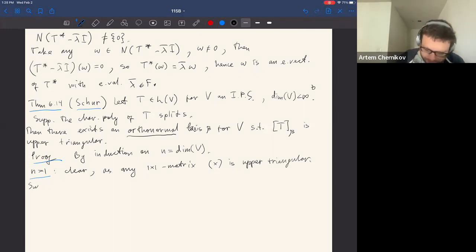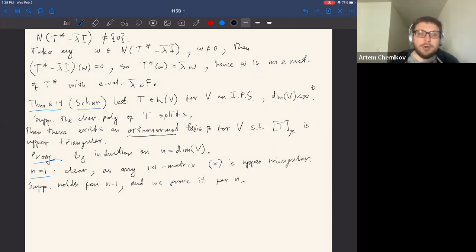So for n equals 1 it is trivial. Now suppose that this claim holds for n minus 1, and we want to prove it for n. This is the inductive step. What are we given in this situation? We assume that T is a linear operator on V, and the dimension of V is equal to n.